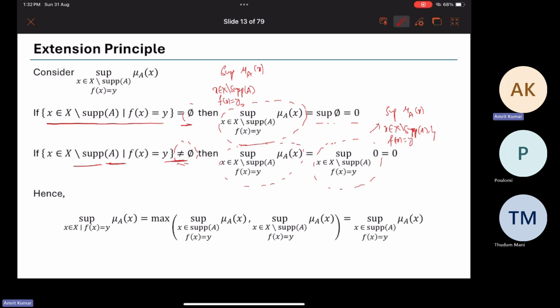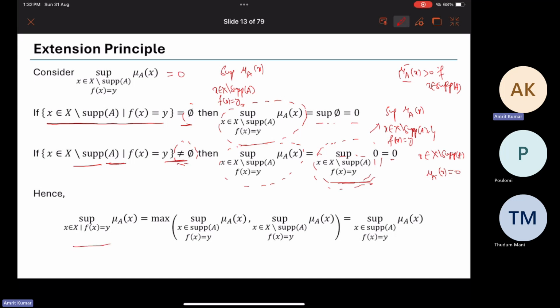But if you take any x in X minus support of A, then mu A of x is zero, because mu A of x is positive only when x belongs to support of A. So by definition, if you pick any x outside support of A, this becomes zero. Therefore, we are taking the supremum of zero over some set, which is always going to be zero, which means this whole supremum is always going to be equal to zero.